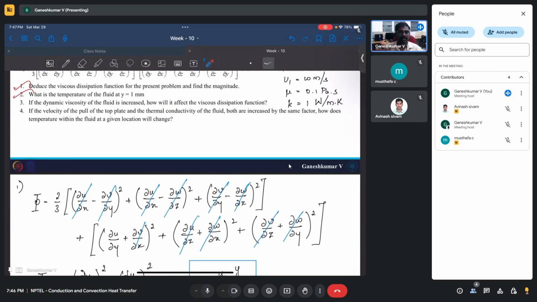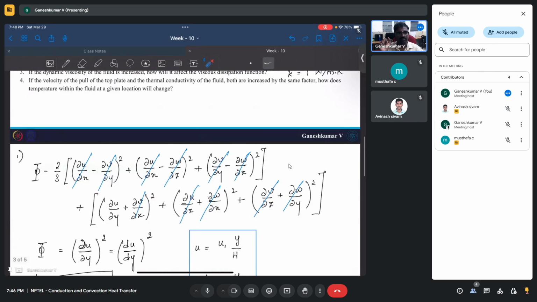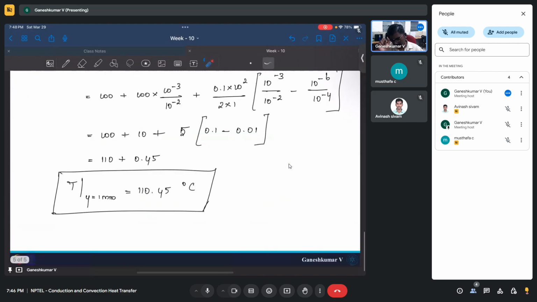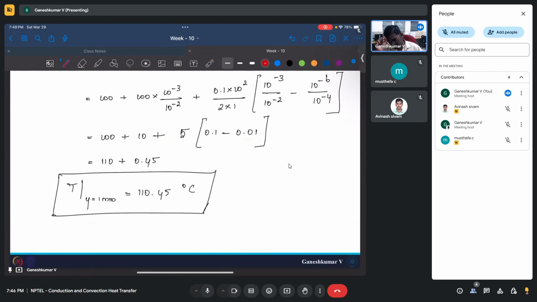It doesn't depend on dynamic viscosity, at least for this problem. Okay, so that is the third one. I guess you can understand this. So third is phi is not a function of dynamic viscosity.